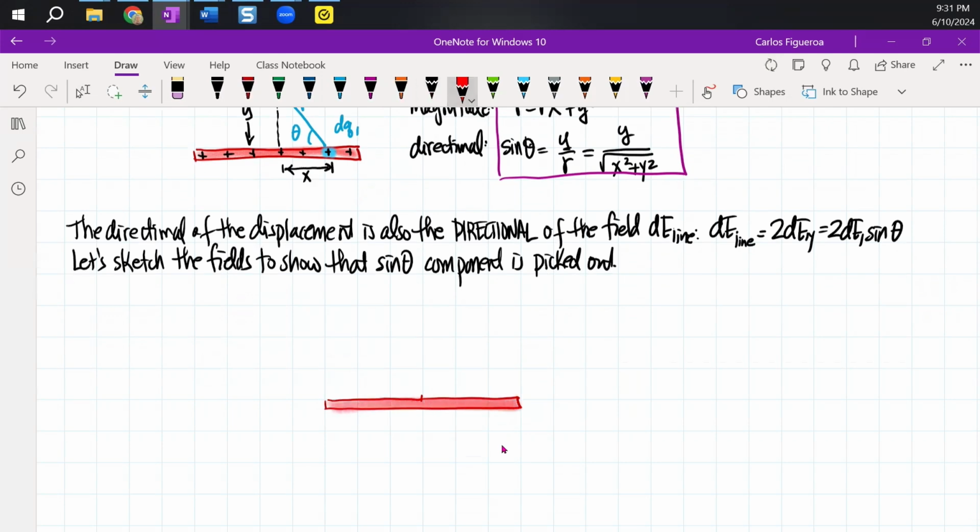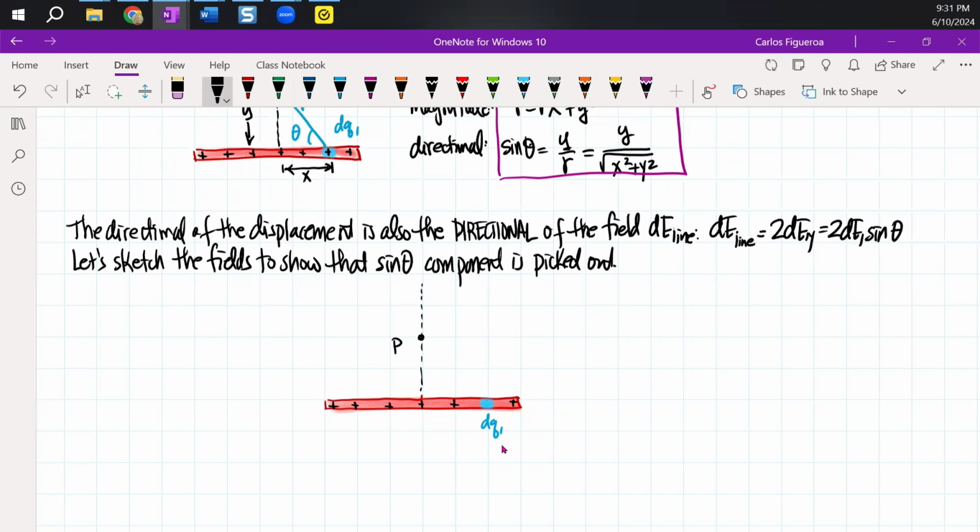Now, I really don't care about the left side of the line. I'm only drawing this here just to try to be nice and clear with you. But I don't need it because the only thing I care about is the field produced by dq1. So if I pick my point here to be P, what do I see?